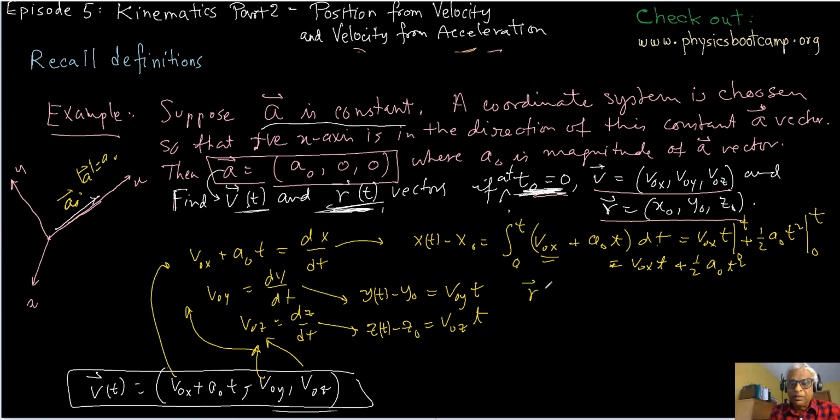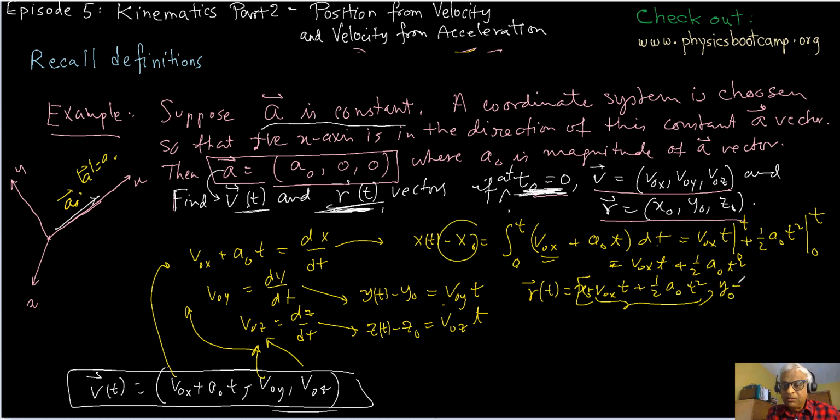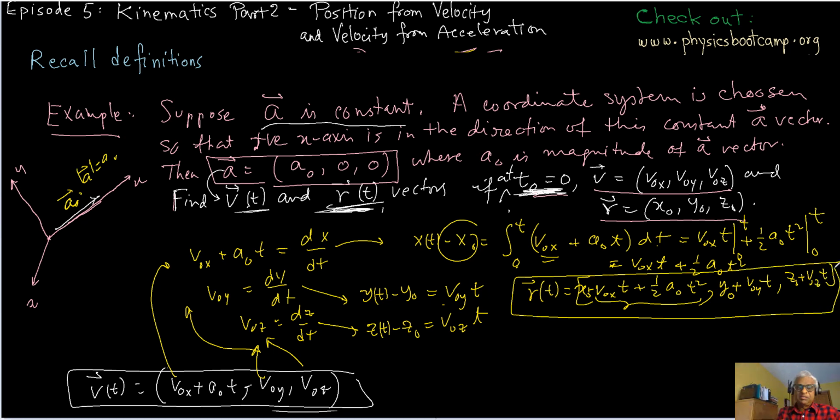So this position vector has components v0x t plus half a0 t squared for the x component, plus x0, and then the y is going to be y0 plus v0y t, and then z0 plus v0z t. So that's the position vector, and this is the velocity vector.